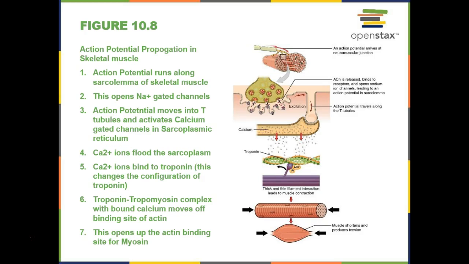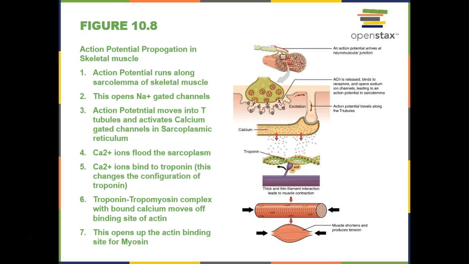So now we have this action potential moving along the skeletal muscle sarcolemma. It's going to move along the sarcolemma, and it's going to move down the T-tubules. And so as it moves, more sodium-gated channels are opening, flooding the muscle fiber with sodium, which causes nearby sodium-gated channels to open, which causes the action potential to move all the way along that T-tubule.